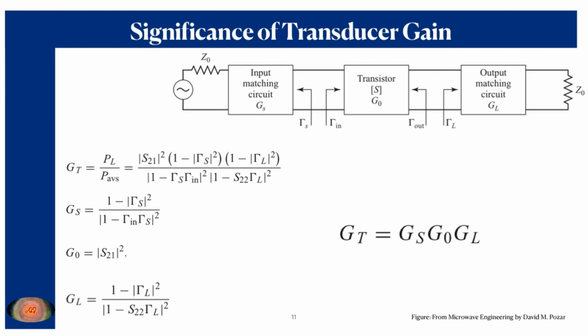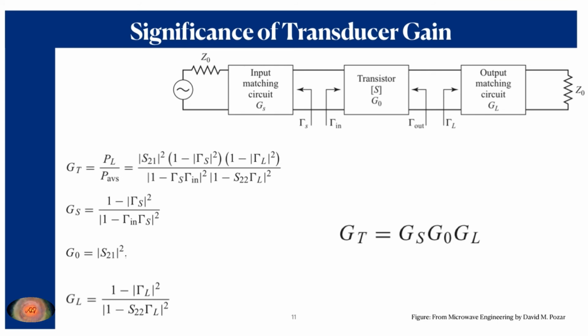So there would be a relation between the applied signal, that is Vs, and the signal available from the input matching circuit. Basically the input matching circuit is used to match the input impedance with that of the source impedance.